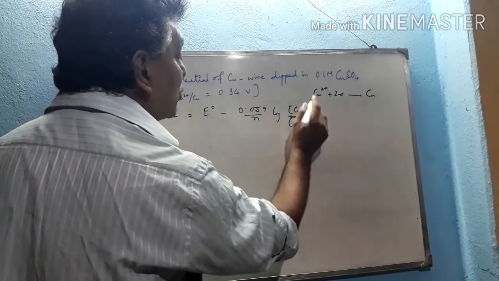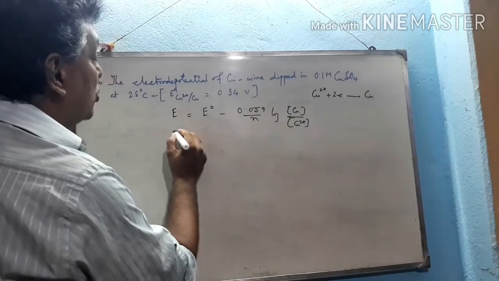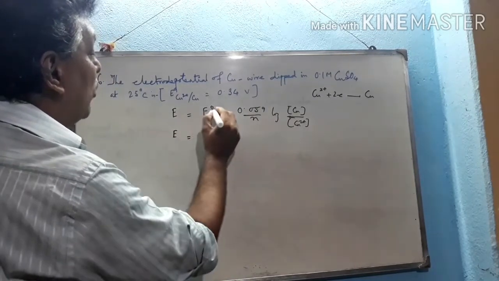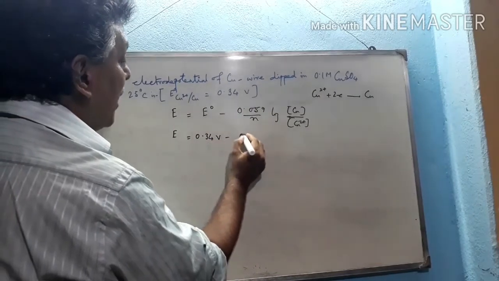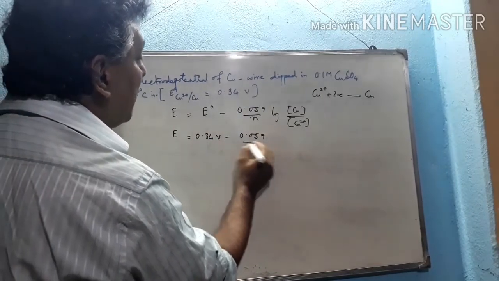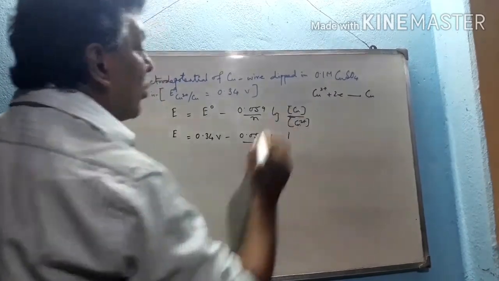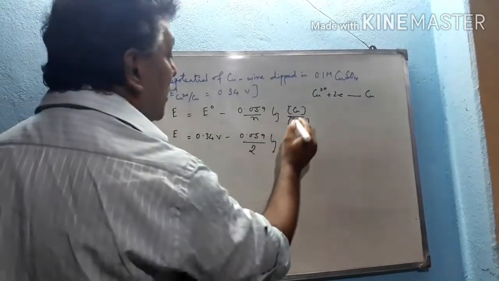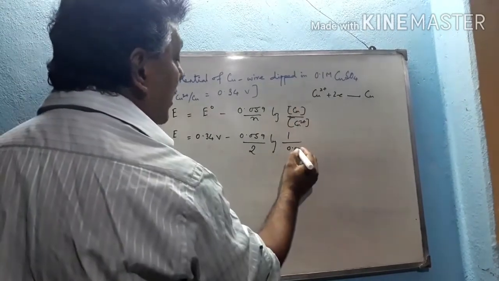But we know that for a solid substance the concentration term becomes 1. So the electrode potential equals E0, which is given as 0.34 volt, minus 0.059 divided by the number of electrons transferred, which is 2. Now in the log, this is a solid substance, so its concentration is 1, and Cu2+ is given as 0.1.